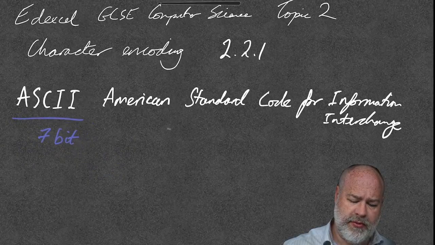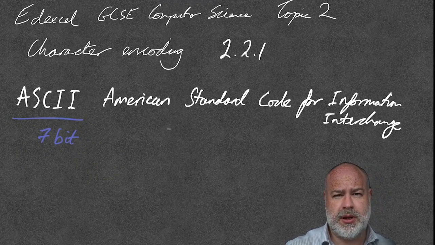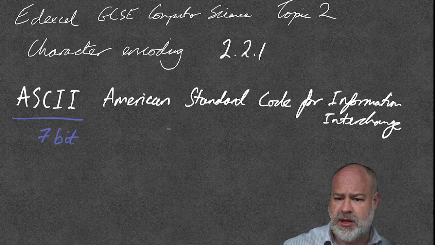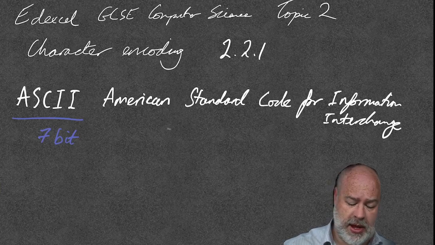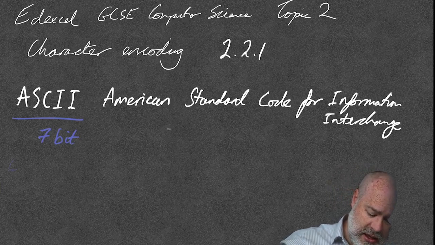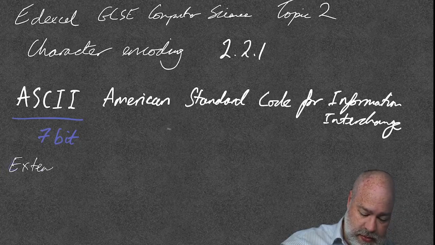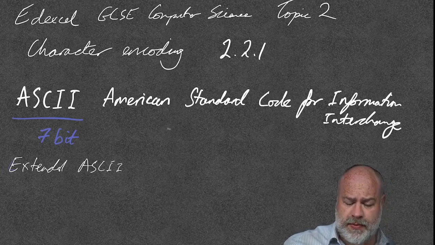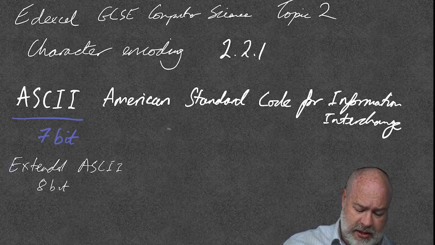Just before we move on, a potential misconception that GCSE students have for Edexcel is that the ASCII specification that might come up in an exam is extended ASCII, which is something different. Extended ASCII was a newer system developed to include more characters, and it uses 8 bits.